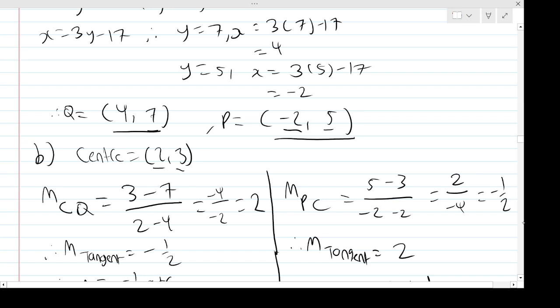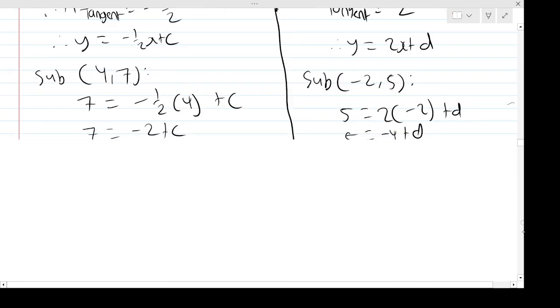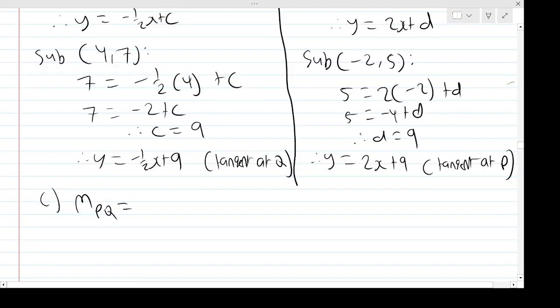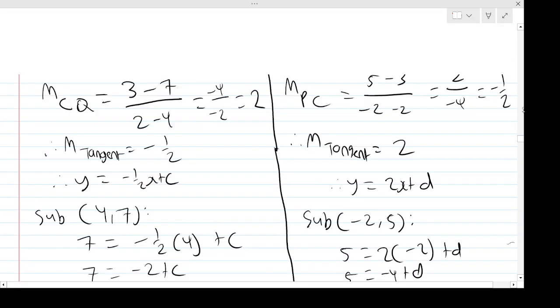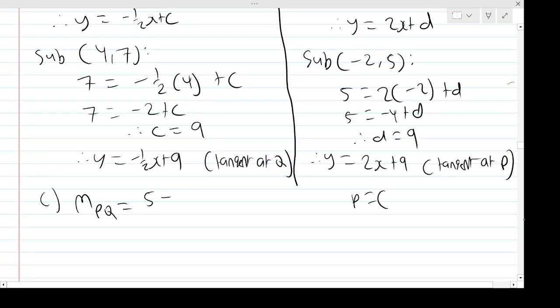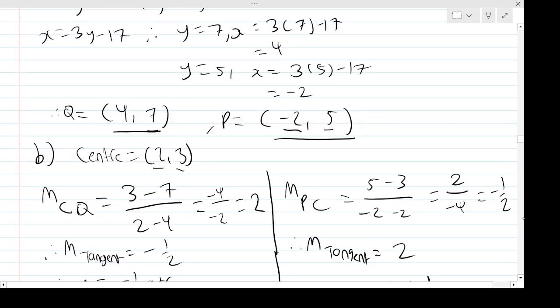So therefore, the gradient between P and Q is the change in y over change in x. I'm going to write these points down again, I don't want to keep referencing it. P is -2, 5, and Q was 4, 7.